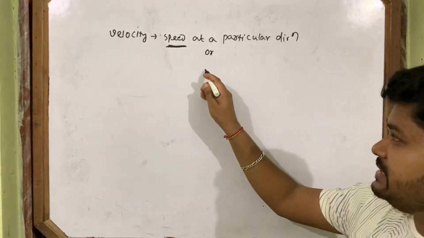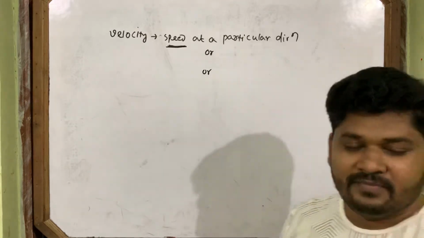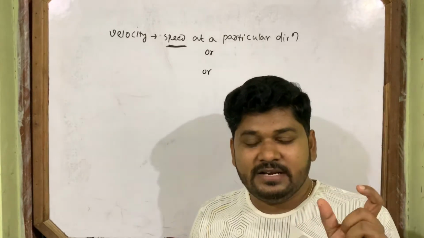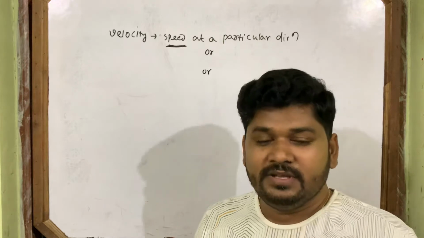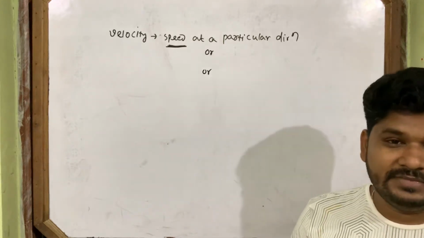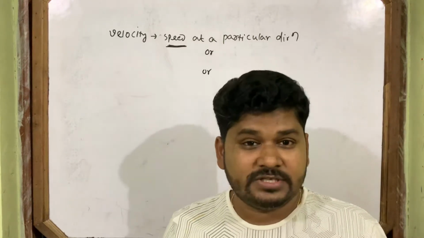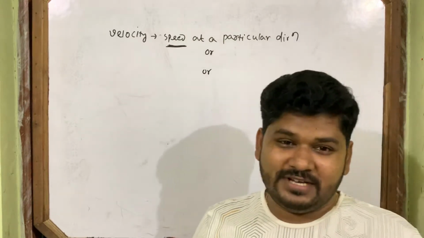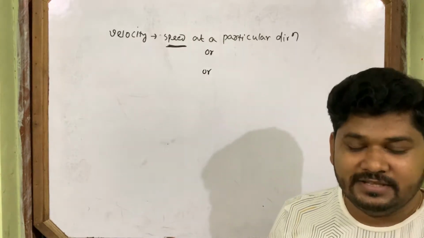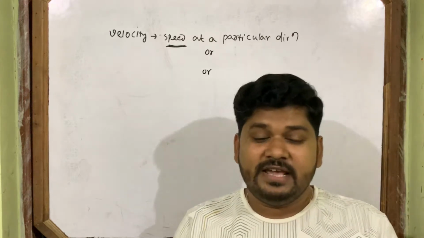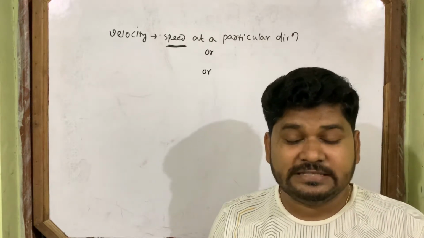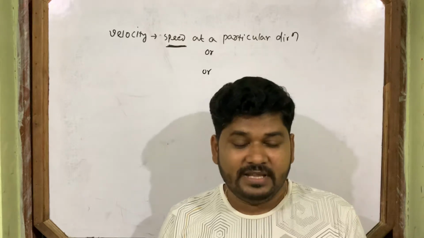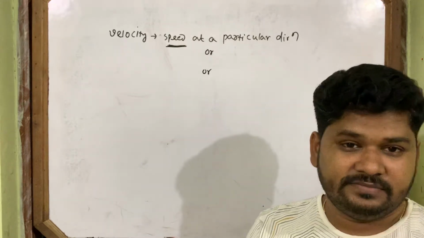Or we can give another definition: the displacement covered by a body in unit time is called velocity. Or another definition: the time rate of change of displacement is called velocity.